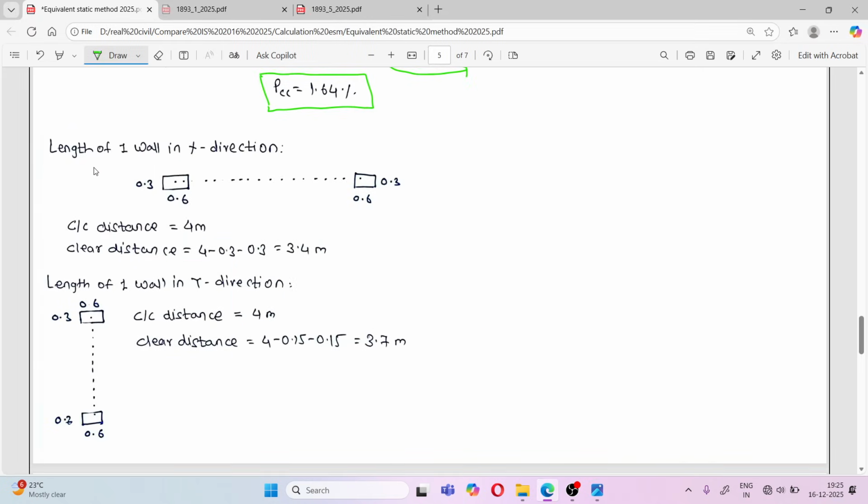You can see here. First we will calculate the length of wall.